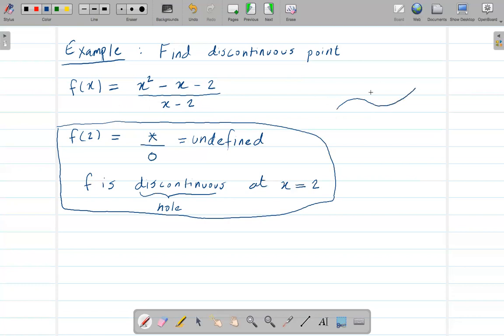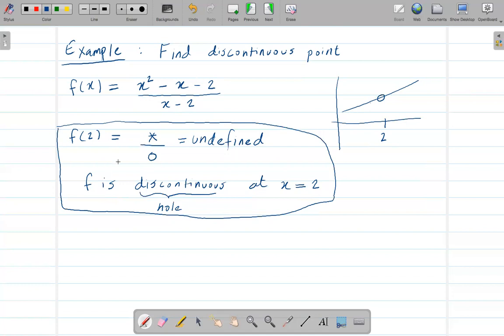Let's say this is the graph of this function, then we're saying that at x equals 2 it's undefined, so there will be a hole at that point. So if this is on the x-axis, if this is 2, then there is a hole at that point. All right?